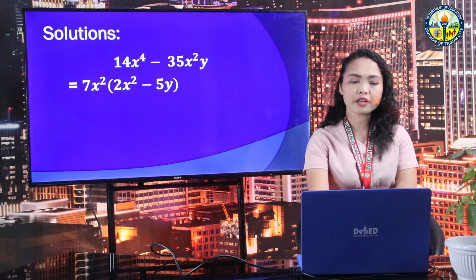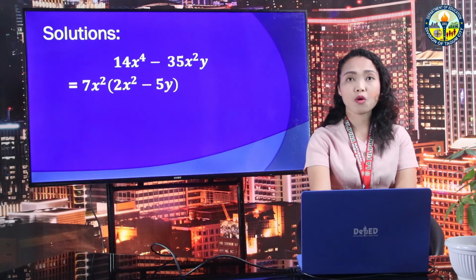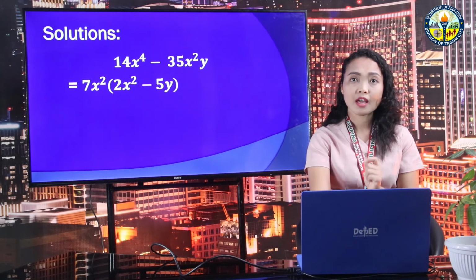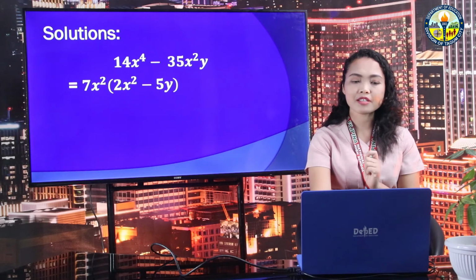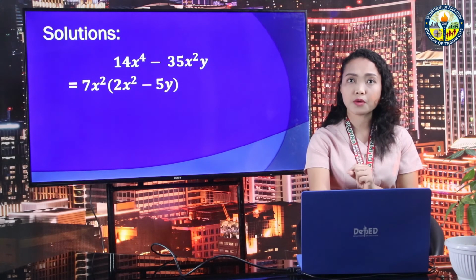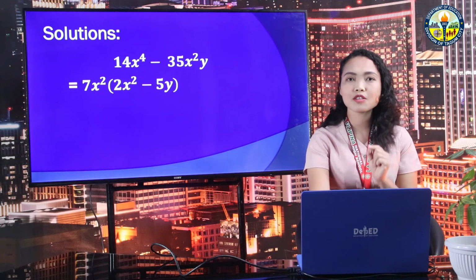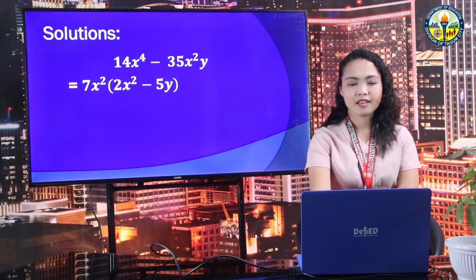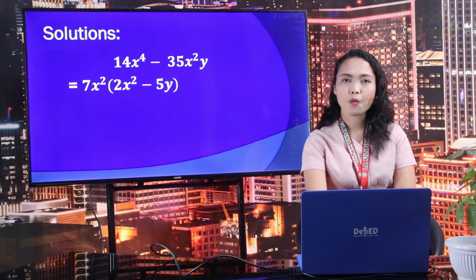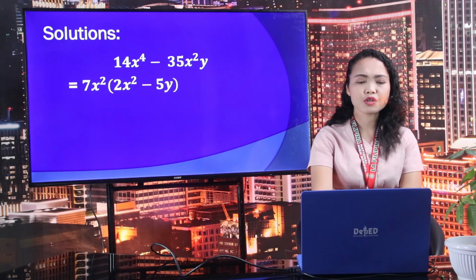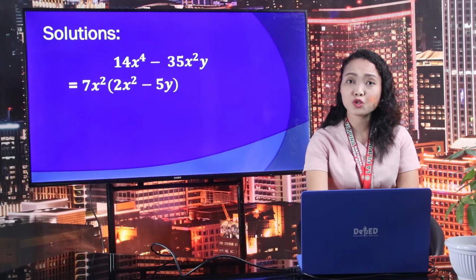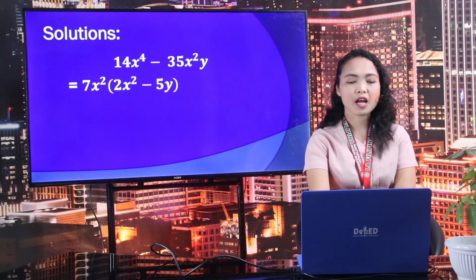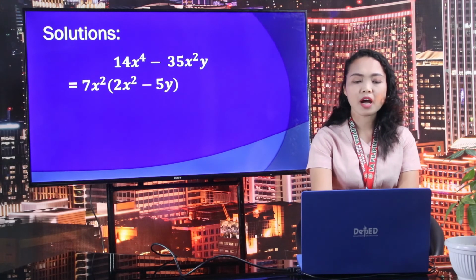Then x squared divided by x squared, so 2 minus 2 equals 0. That is x to the power of 0, which is equal to 1. Then we will copy y. Therefore, the factored form or the solution of Sian must be 7x squared times 2x squared minus 5y.